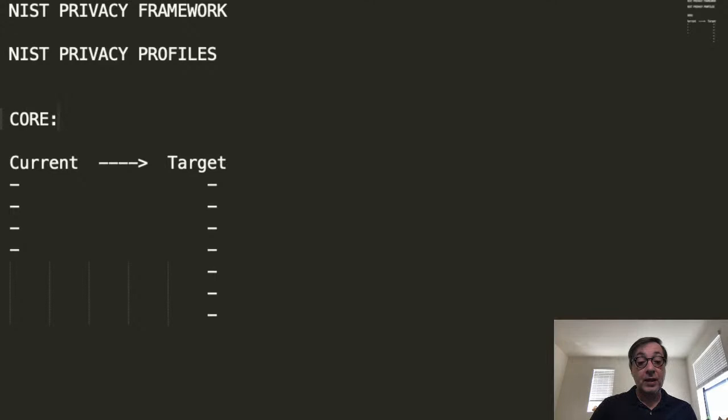The core is not a checklist. An organization may not need to achieve every outcome, right? That's really important, or activity that is reflected in the core.